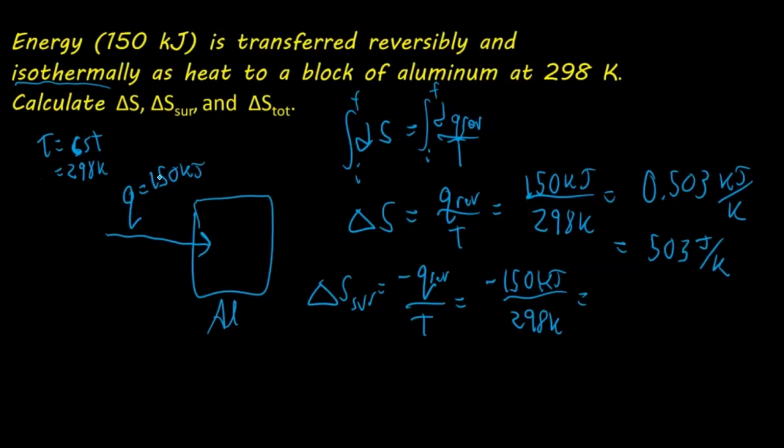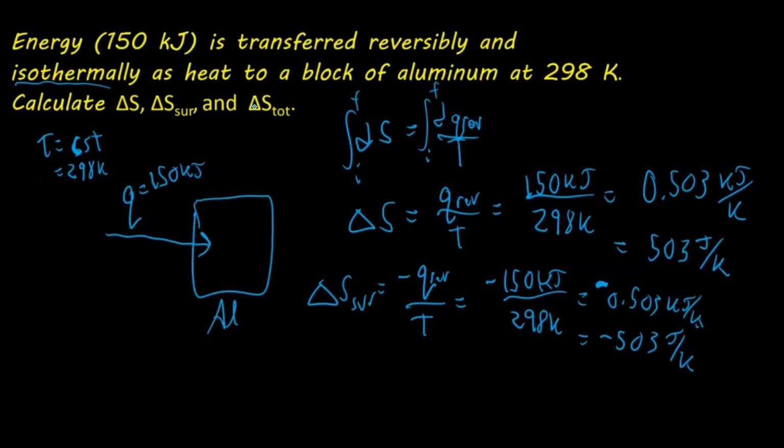They're losing 150 kilojoules, so that negative means it's a loss of energy. And these are the same numbers here, so it's negative 0.503 kilojoules per Kelvin, which is equal to negative 503 joules per Kelvin.